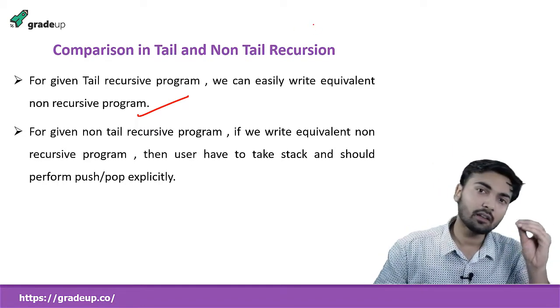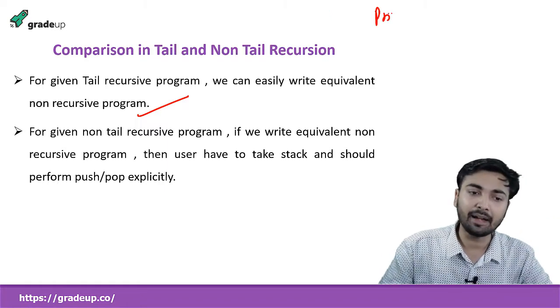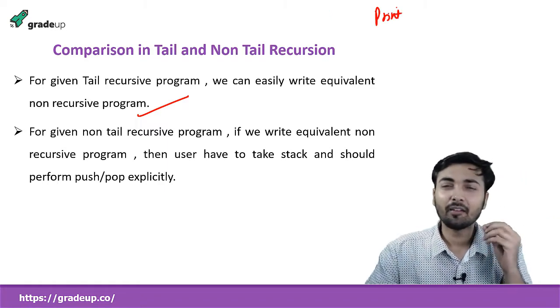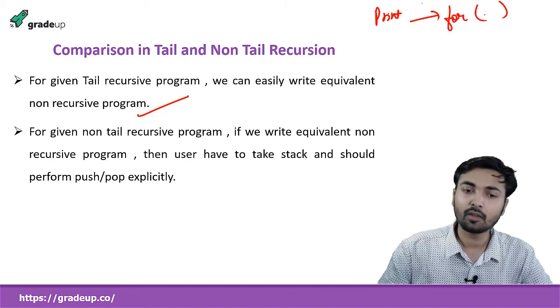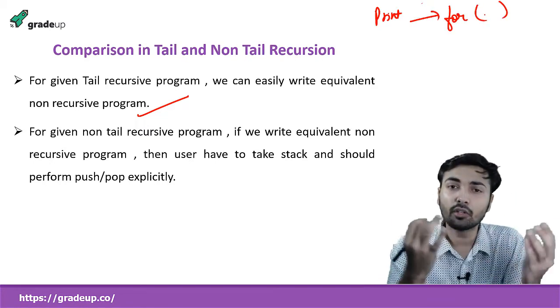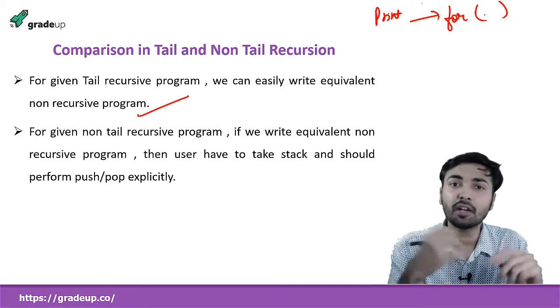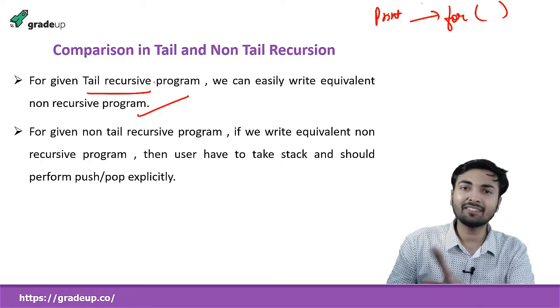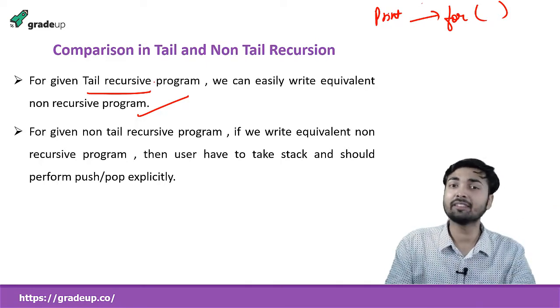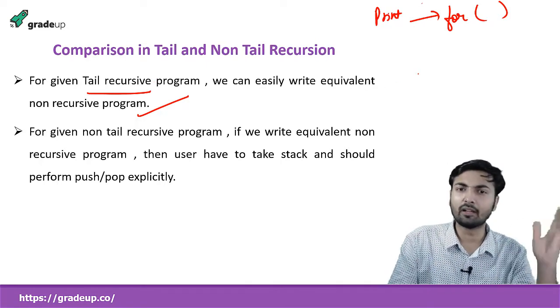See, in our tail recursive example, I took the example of printing. Printing can also be done using a for loop, as we always do. Printing can be done using a simple for loop, no recursion at all. So a tail recursive program can be very easily implemented without recursion, using a for loop, while loop, whatever.